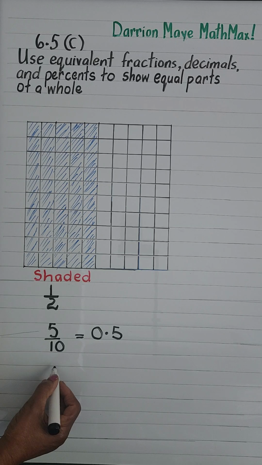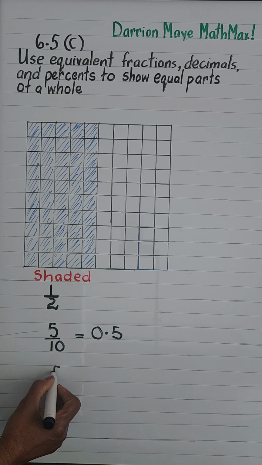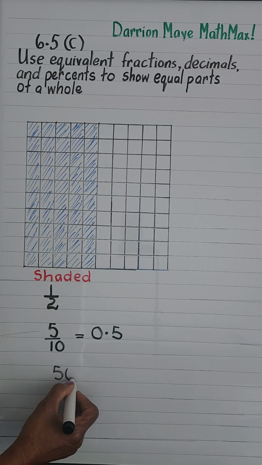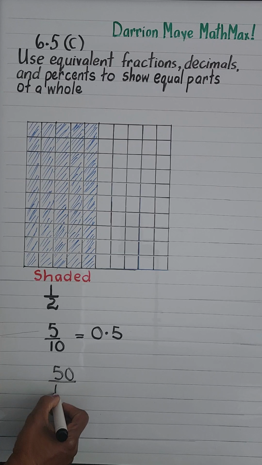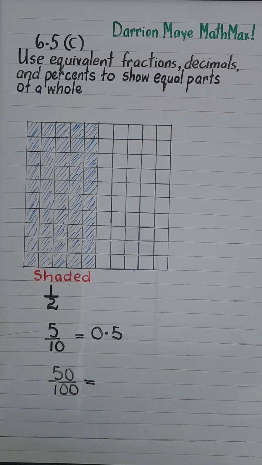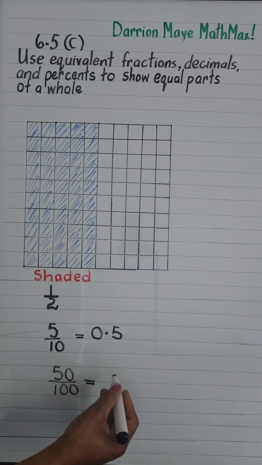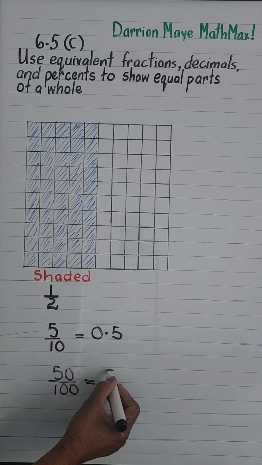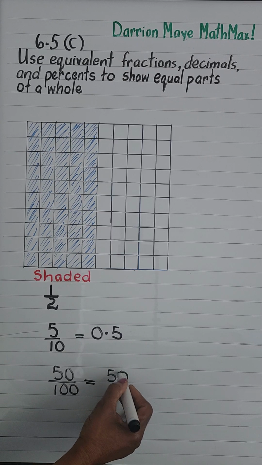So that is 50 over 100. And out of 100 is equal to percent. So 50 out of 100 is equal to 50%.